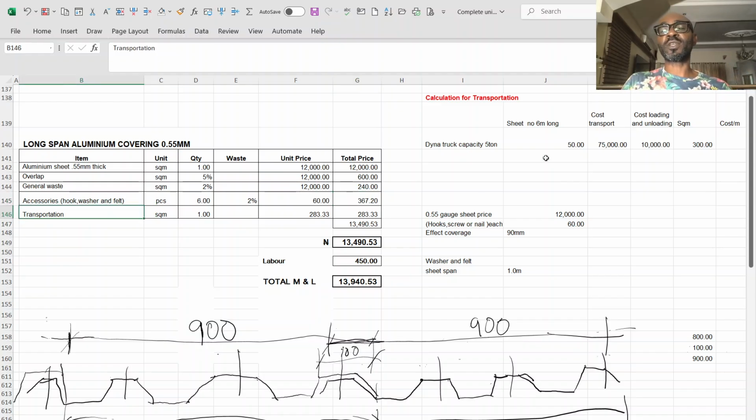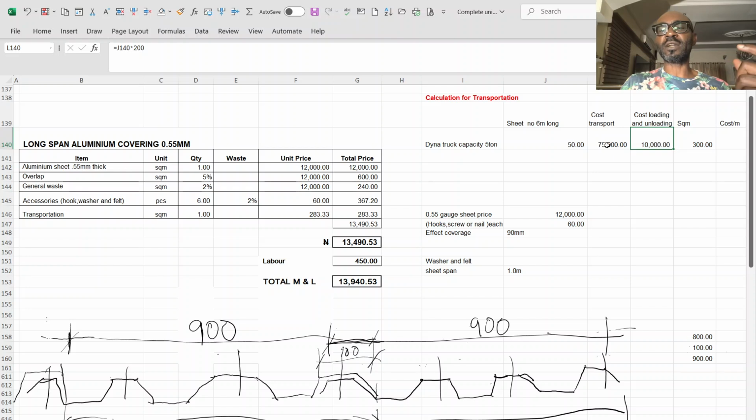Then, of course, transport. Like I said, it is the same. If you are buying a 0.5 mm thick roofing sheet and you're buying a 0.3 mm roofing sheet and their length is 6 meter and the distance is the same, the transporter will charge you the same thing, because at this point it is not the weight of the material, it is the distance that is charging. If you're buying 50 pieces of 0.55 and it's going the same distance with 50 pieces of 0.3 or 0.35, they're going to charge you the same.